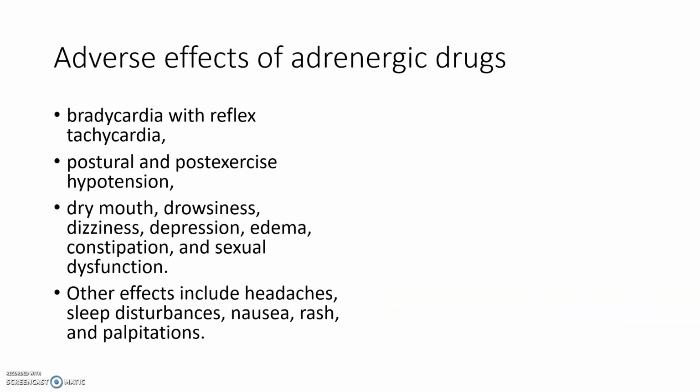Adverse effects of adrenergic drugs. It does affect your heart rate, so bradycardia and also rebound tachycardia would be adverse effects. Orthostatic hypotension occurs in patients taking alpha blockers, so you want to tell them to change position slowly. These drugs have something called first dose syncope.